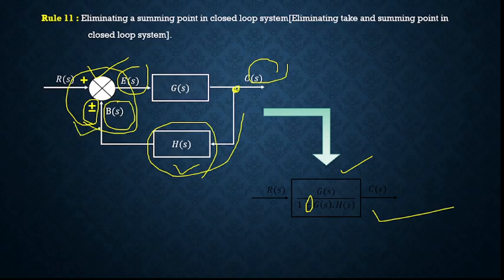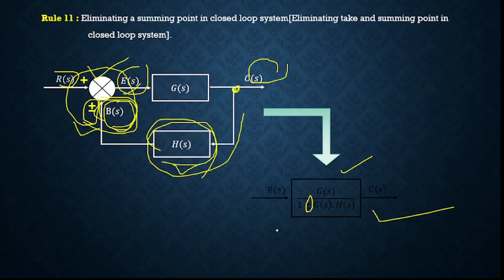Normally this is G of s over 1 minus plus G of s into H of s. If it is plus minus, if it is minus plus, it will be plus minus G of s into H of s. So this is how we eliminate a summing point in the closed loop system, which is having a takeoff point and summing point. This B of s is the feedback signal which is obtained from this takeoff point, which is part of the output, and this error signal is the difference of this R of s and the B of s.